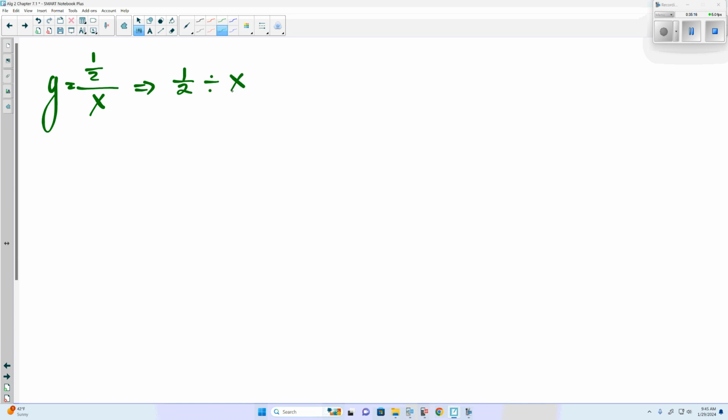Numerator divided by denominator, that's all a fraction is. To divide fractions, we keep, change, flip. Multiply them together. So here y is equal to 1/2x. That's all we have to do to simplify it if there is a fraction.